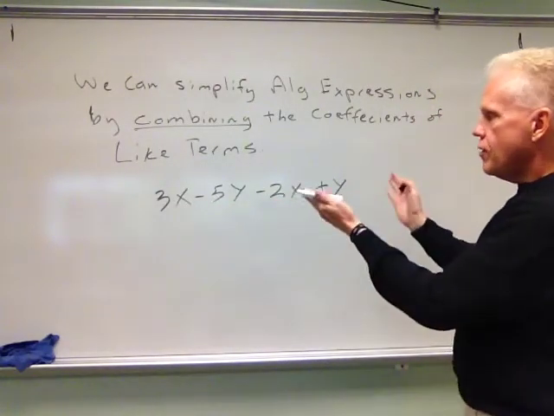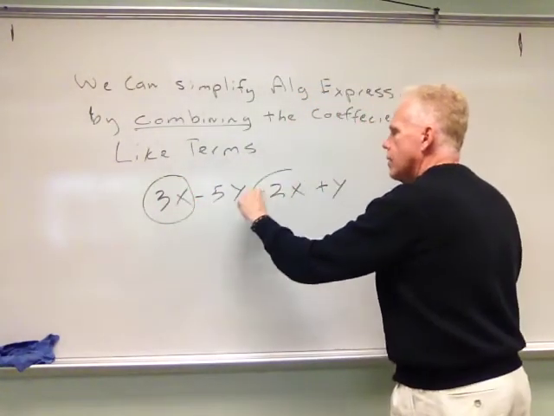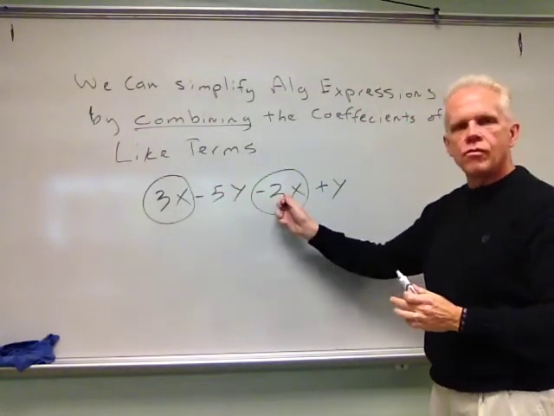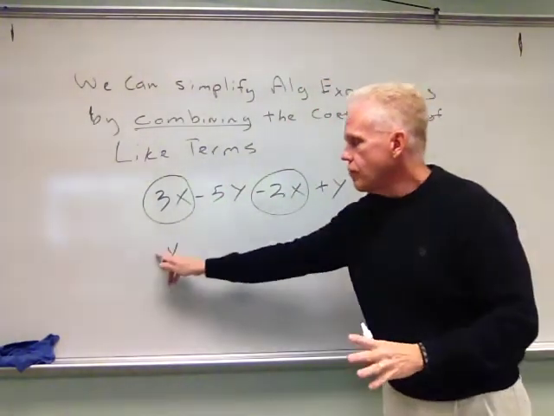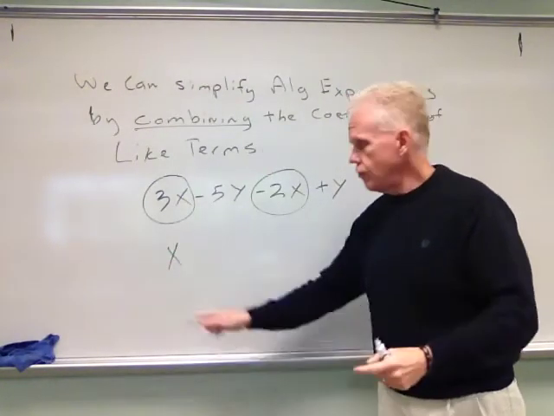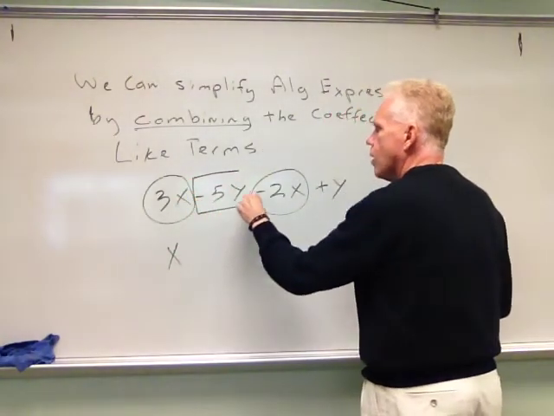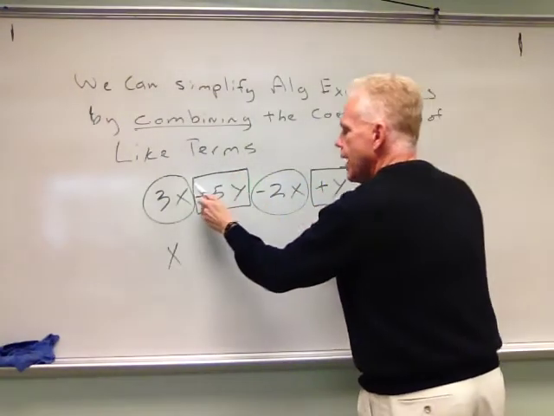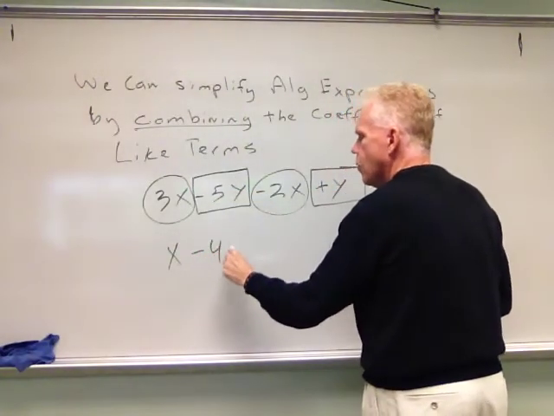If we combine the like terms, the 3x, I'll circle that, and the negative 2x are like terms. 3x minus 2x gives me 1x. Now, for 1x, I don't have to write the coefficient 1 in front of it. I can just call it x, because x is how many x's? Well, it's 1x. Then I take the negative 5y, I'm going to put a rectangle around that, and put it with the positive y. A negative 5 and a positive 1 coefficient is going to be a negative 4y.